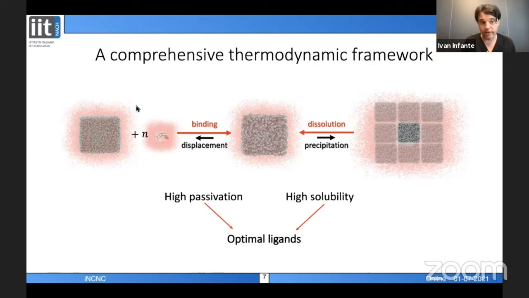You want to shift this equilibrium on the left towards the nanocrystal passivated with ligands, but you also want to prevent the precipitation of the aggregate. And then you have to design the ligand in such a way to satisfy these characteristics.